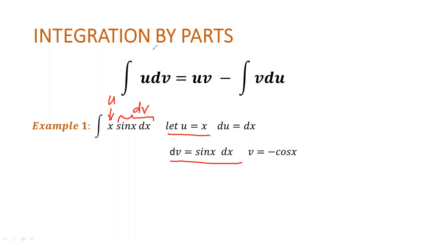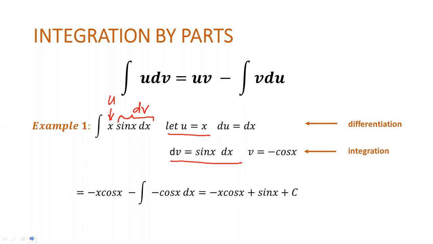So in this case, if we process using integration by parts, you will have uv, so u times the v. So negative x cosine x minus, this minus integral of v du, negative cosine of x dx.